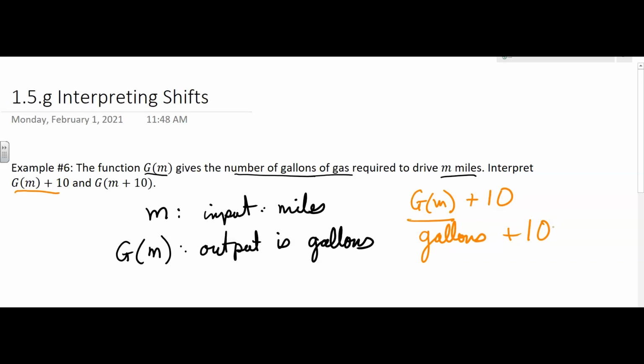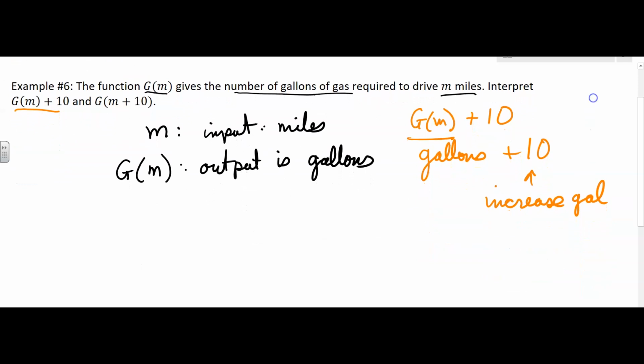Okay? So we're driving 100 miles and it's going to take, I don't know, 5 gallons of gas. And then we're going to add 10 more gallons. So we go to the pump and we say we want 15 gallons of gas. Okay? So this is an increase in gallons of gas that we're buying or using.